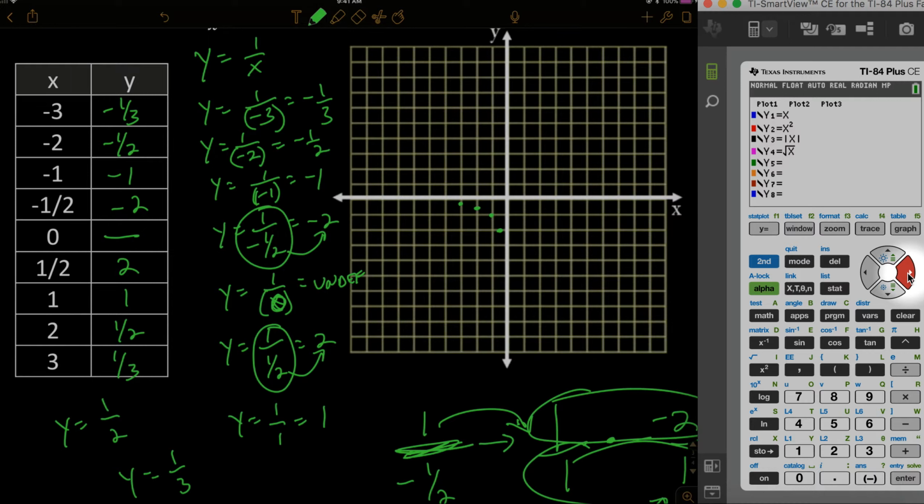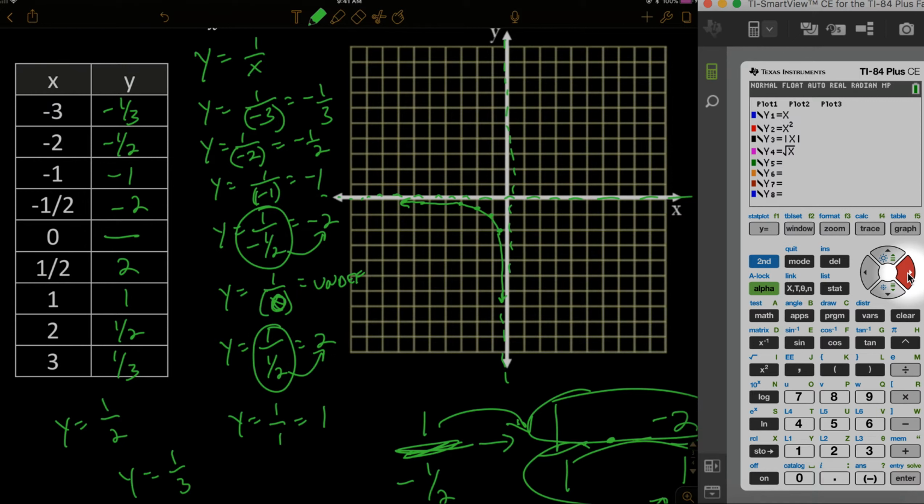So what's going to happen with this graph, you might not catch it, but it's going to make this curve here, and it's going to just keep going down like this. It's never going to really touch these lines. These are called asymptotes. And it just approaches them but never touches them. Okay? So that's what that side looks like.